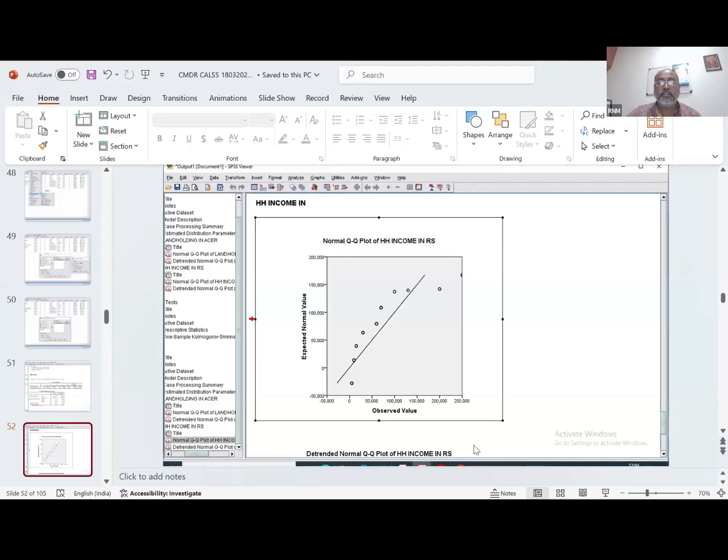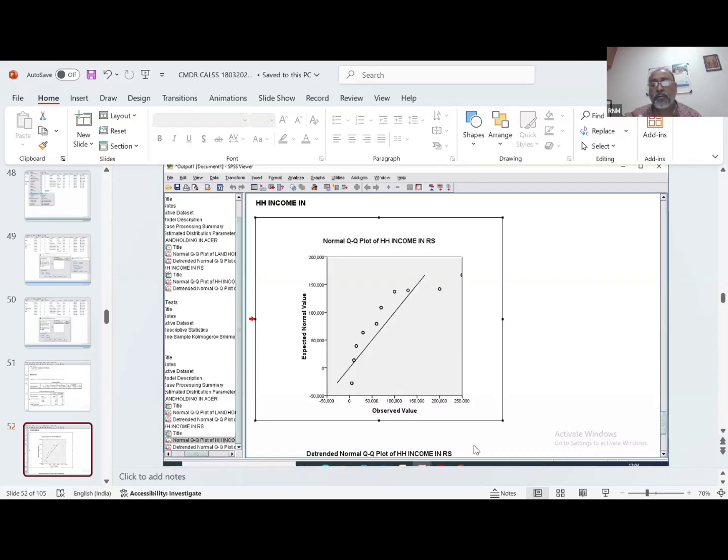Here you see one distribution. What is this? The QQ plot. I remember I talked about the histogram. Now this is a QQ plot, which also shows whether the data is normal or not. It plots the actual observed value against the expected value, represented on the vertical axis.